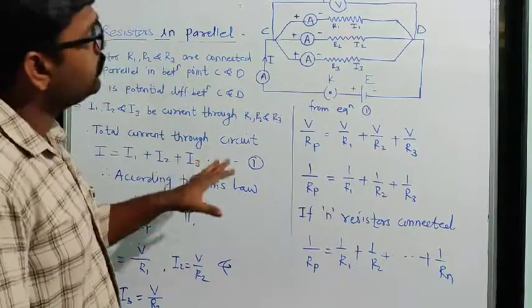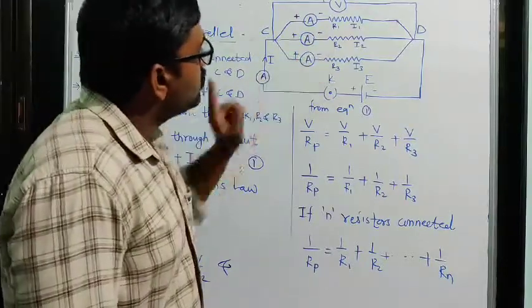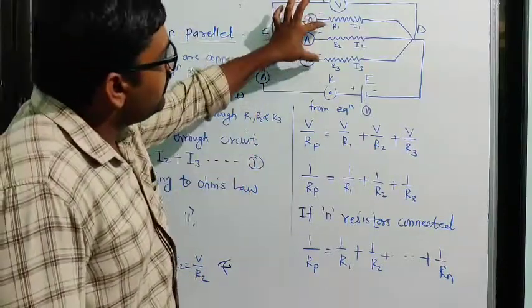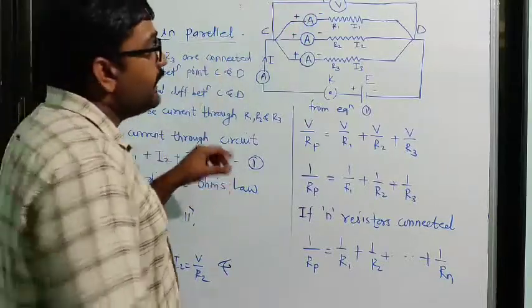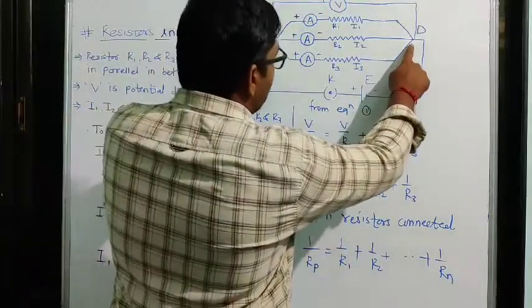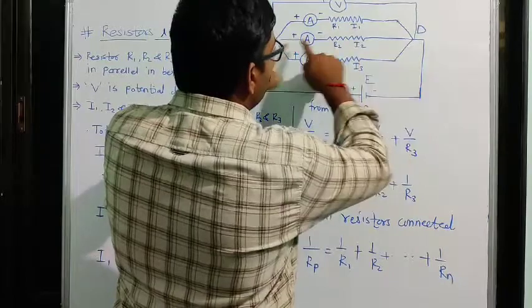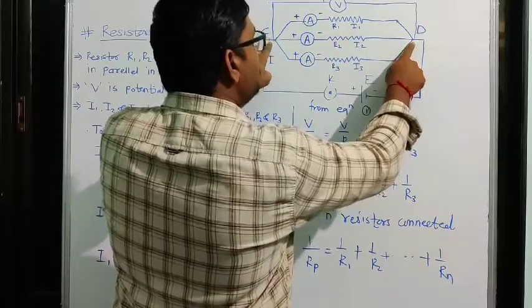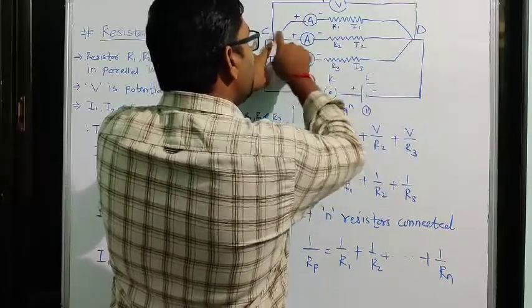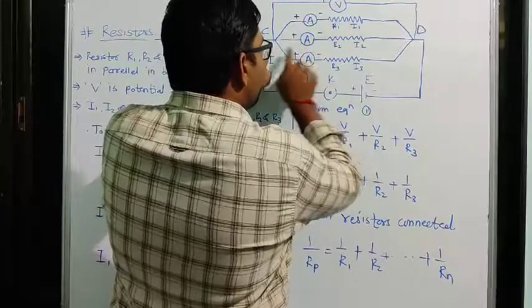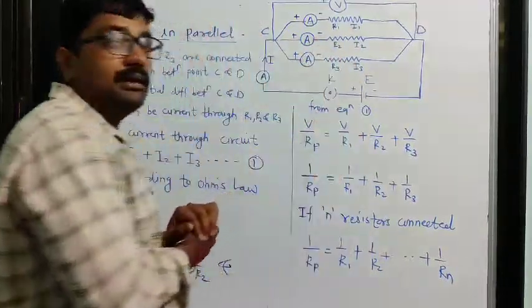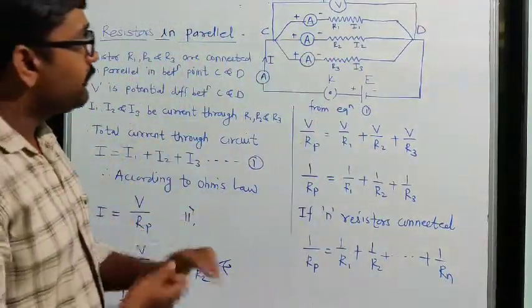Here R1, R2 and R3 are connected between points C and D. So between these two points C and D, the resistors R1, R2 and R3 are connected in parallel.